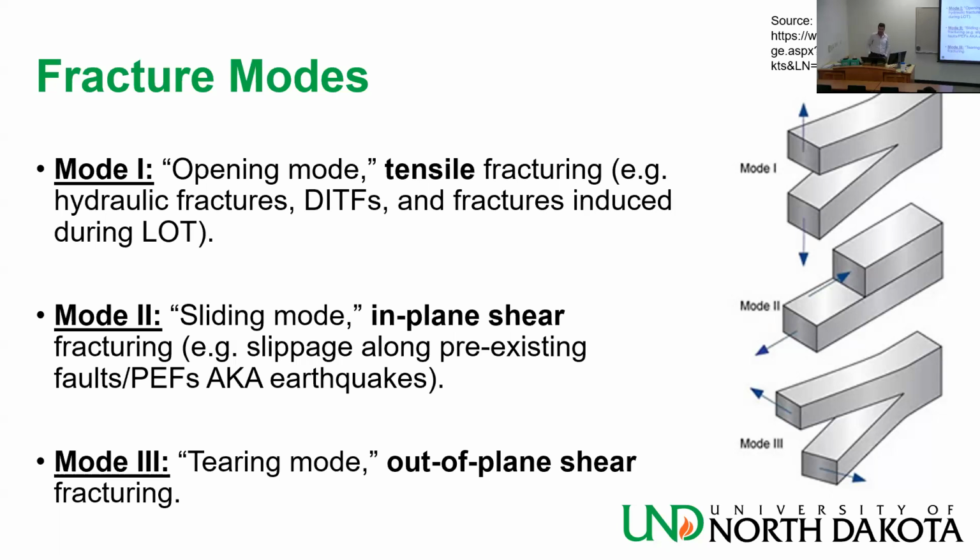It's pretty important to be comfortable knowing how mode one fractures open, the direction they take, the plane of propagation, etc. Sliding mode is mode two. That's the common earthquakes. Tearing mode, also earthquakes, but more like strike slip faulting moves. Those are the fracture modes.